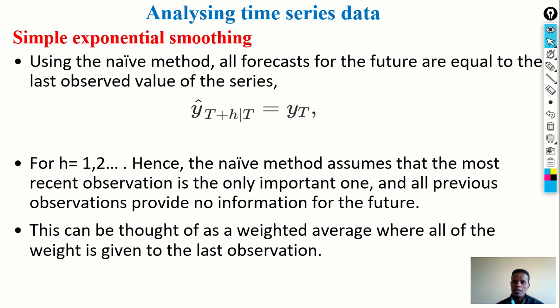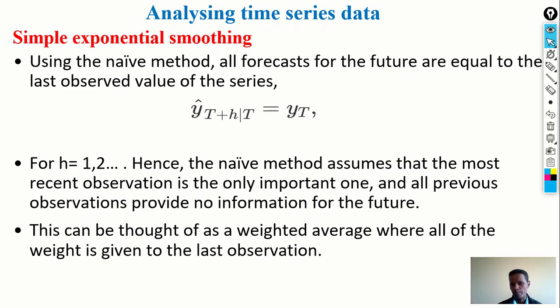For example, all forecasted values of an outcome variable at the 10th observation, the 11th observation, and maybe the 12th observation are equal to the last observation before the 10th, that is, the 9th observation. So all observations other than the last observation will be lost and will not be considered for forecasting future outcomes of an outcome variable.